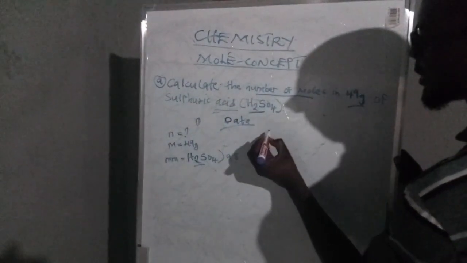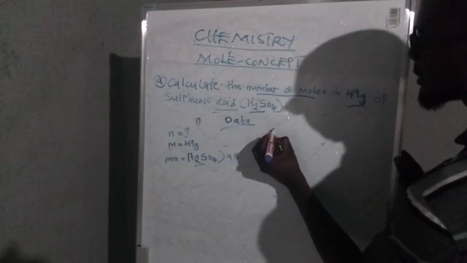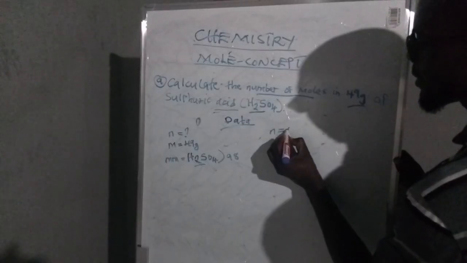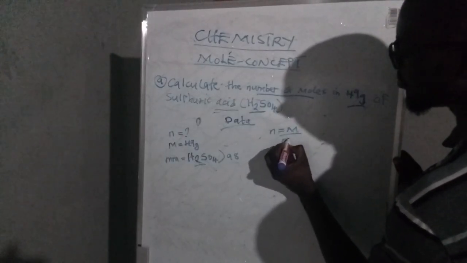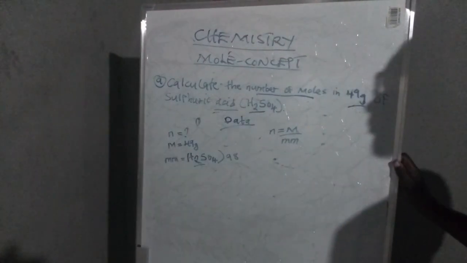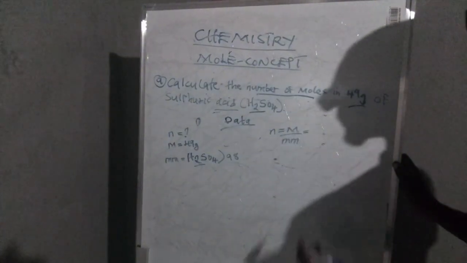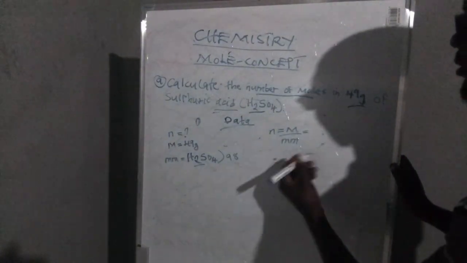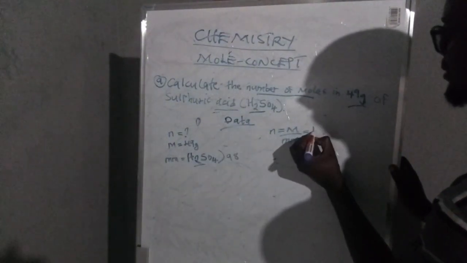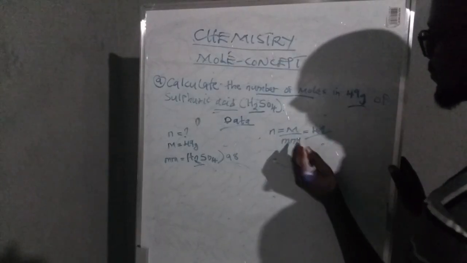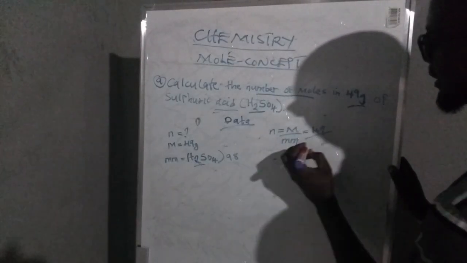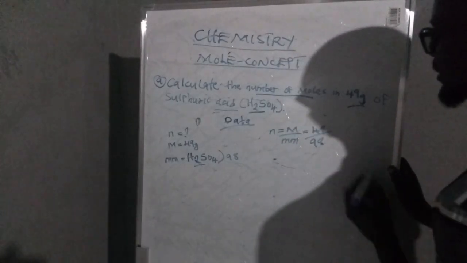Now, the formula for finding the number of moles is n equals mass over molar mass, like this. Okay? We can now begin to plug in. What is our mass? It is 49 over what is our molar mass? It's 98. Okay?